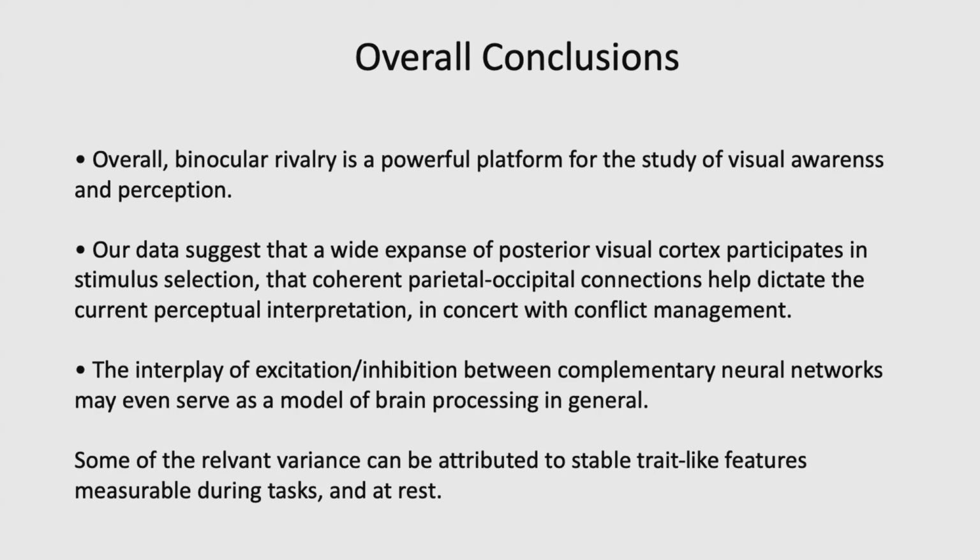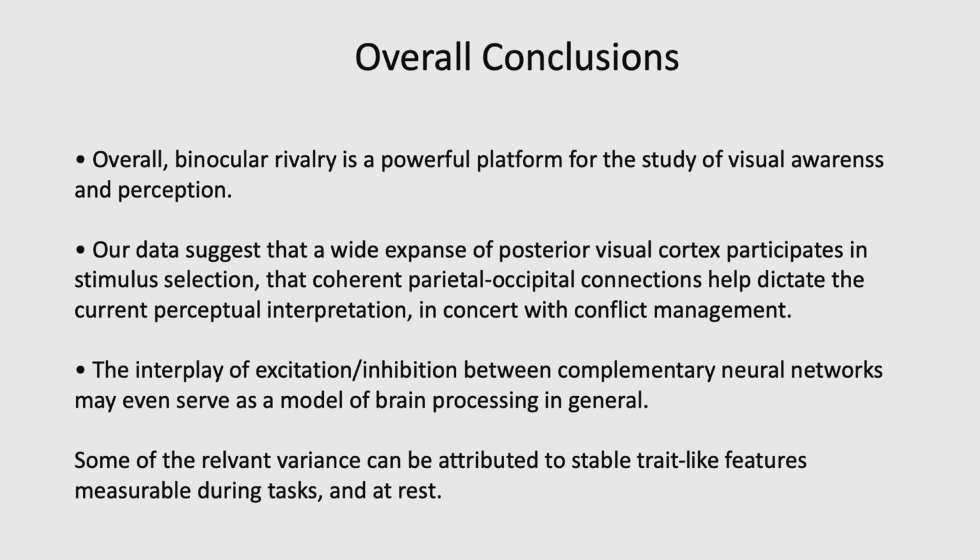We've been looking mostly at power in the alpha band, but we can predict who's a fast switcher or a slow switcher based on aspects of resting state data that could be easily interpreted according to, say, the local balance of excitation and inhibition in an area like V1.